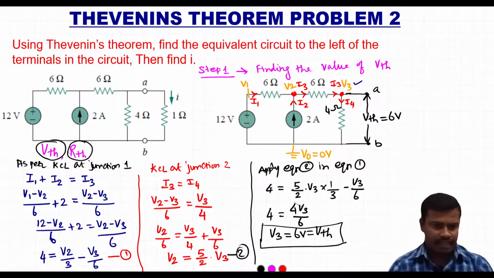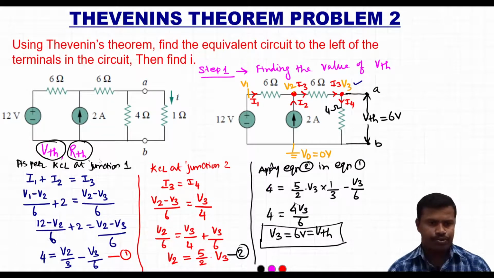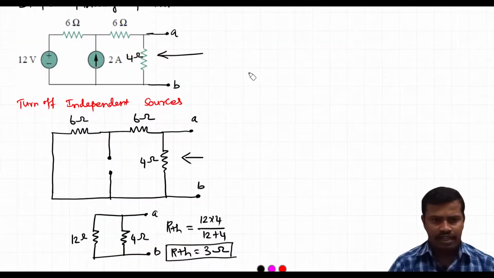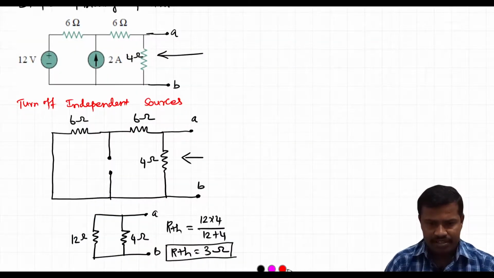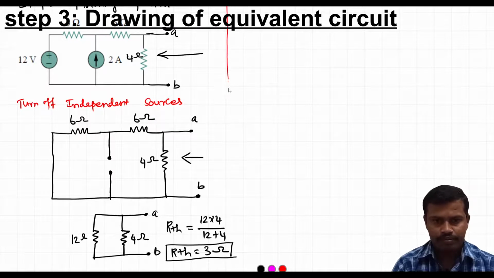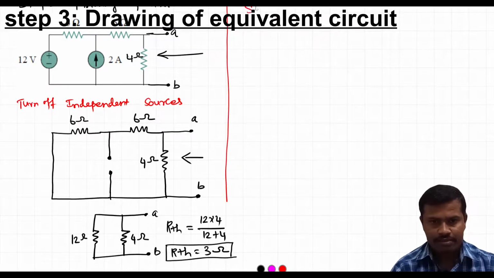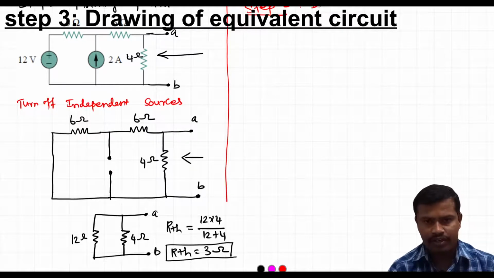Now after finding VTH and RTH, we need to draw the equivalent circuit. So we will draw the equivalent circuit as step 3, drawing of equivalent circuit.